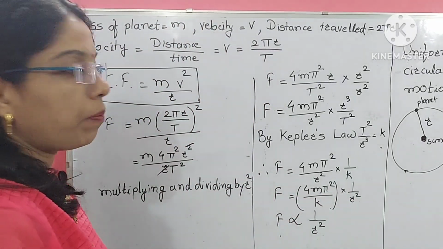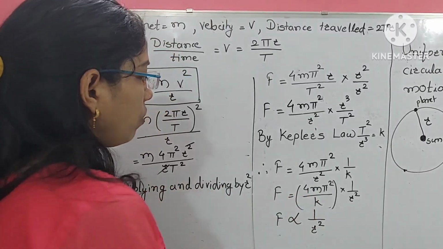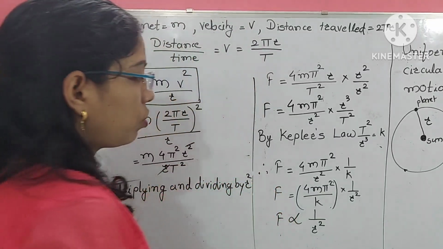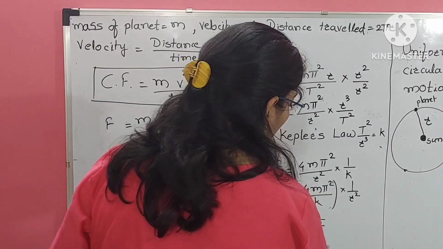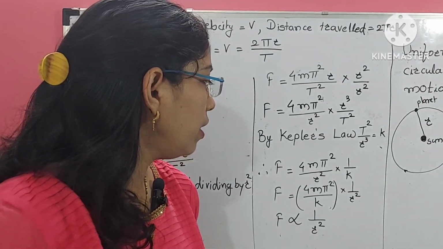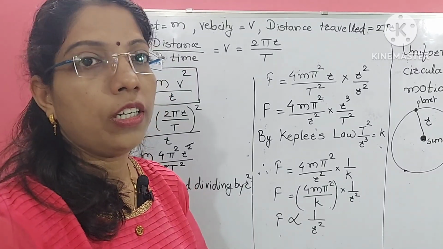Now we put a proportionality sign by removing the constant and the equal to sign. Then we get: force is inversely proportional to the square of the distance between the planet and the sun, and this is called Newton's inverse square dependence on distance.